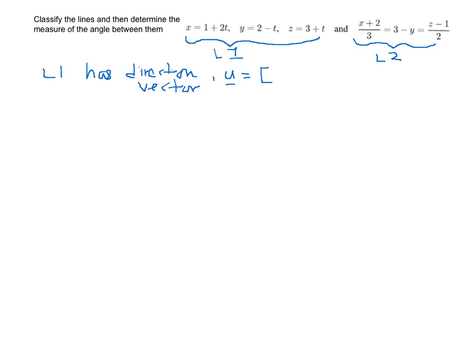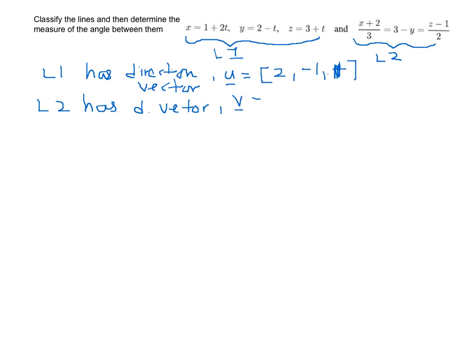You can see that the direction vector U is formed by the coefficients of t, so 2, -1, and 1. And similarly, we can also write down the direction vector of line 2, L2.